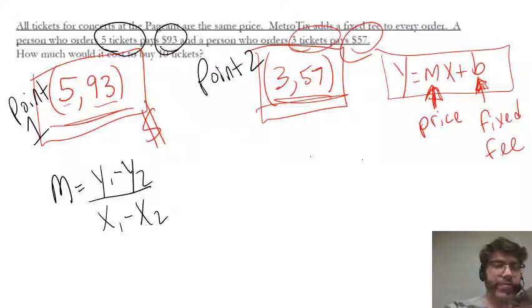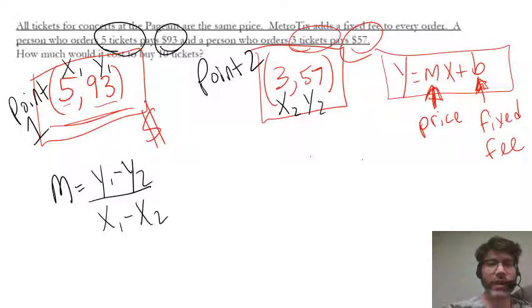If this is point 1, this is x1, y1. If that's point 2, this is x2, y2. Whoops, I should have written y here. y2. Got it? So now let's plug it in. So y1 is 93, minus y2, which is 57, over x1, which is 5, minus x2, which is 3.